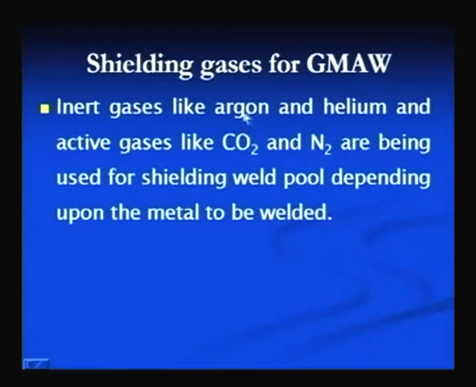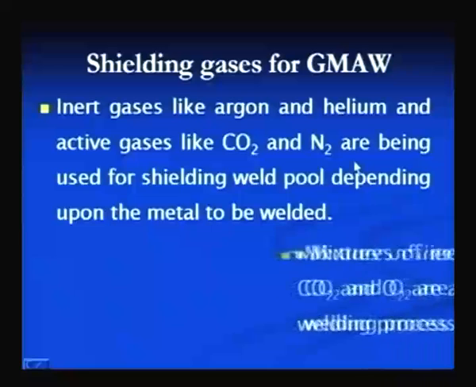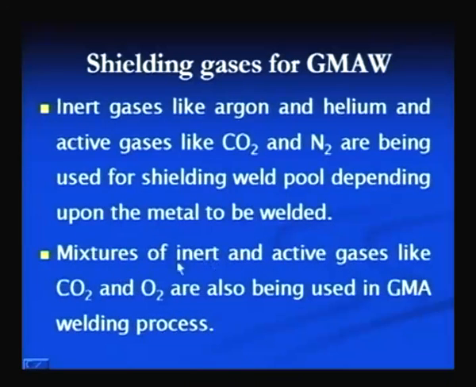And for welding of aluminum, the stainless steels and magnesium alloys, normally inert gases are used as a shielding gas. The mixture of the inert and active gases like CO2, O2 is also used in the GMAW process, particularly for the welding of the ferrous metals.